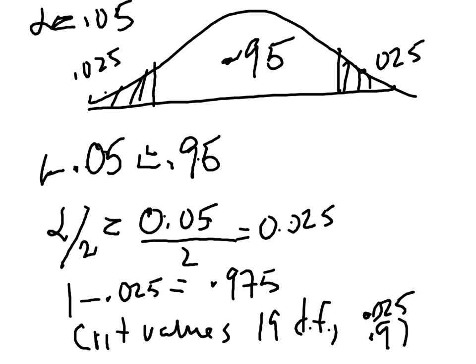Now, this is stuff that we did in Chapter 7. When we go to 19 degrees of freedom and go vertically to find what values are associated, we're going to end up with 8.907 on the left side and 32.852 on the right.